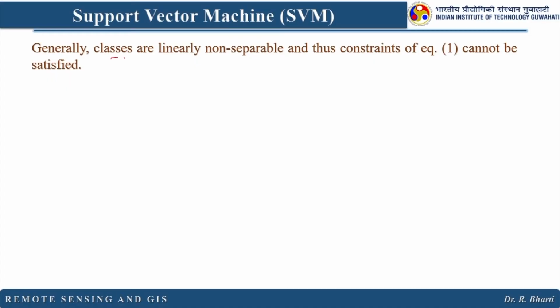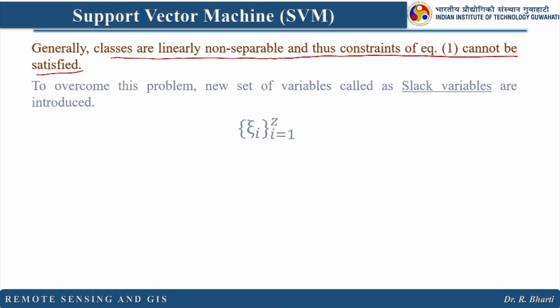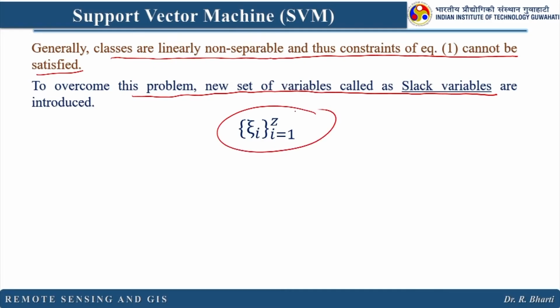So generally classes are linearly non-separable and thus the constraint of equation 1 cannot be satisfied, right. Remember that equation 1. To overcome this problem, a new set of variables are introduced which is known as slack variables, which is this one, right.